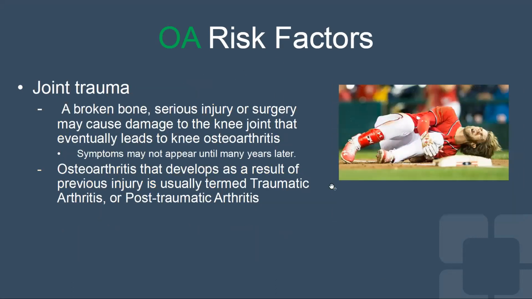Okay, so some other factors include joint trauma, so a broken bone, serious injury or surgery may cause damage to the knee joint that eventually leads to osteoarthritis. Symptoms may not appear until years down the road. And then osteoarthritis that develops as a result of previous injury is usually termed traumatic arthritis or post-traumatic arthritis.